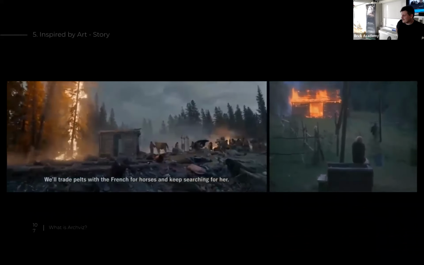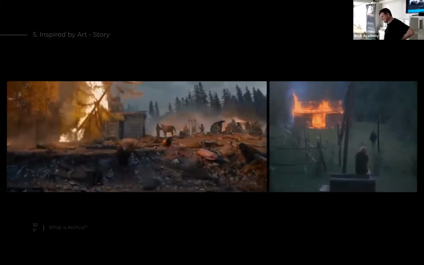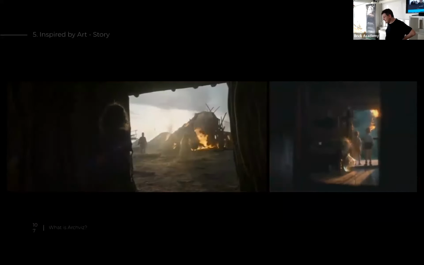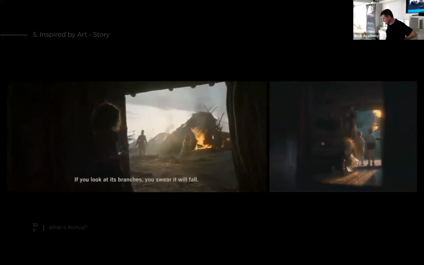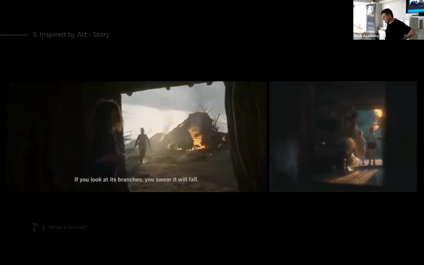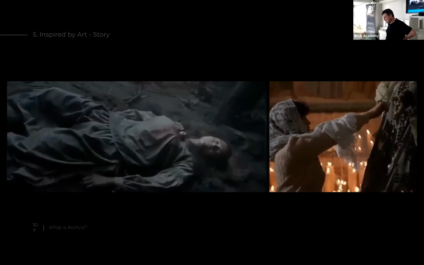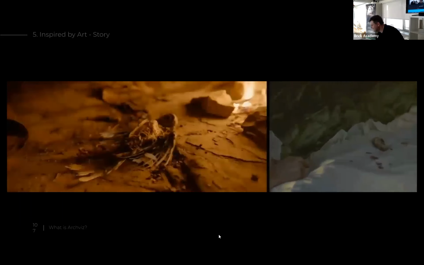A little bit of story. Color palette and composition. Symbolism. The bird is the symbol of the soul. It's the same.